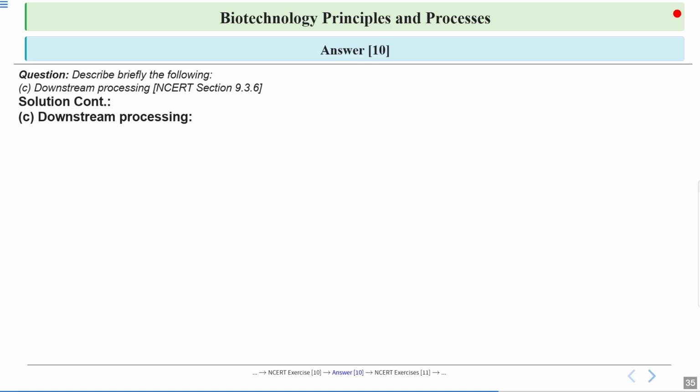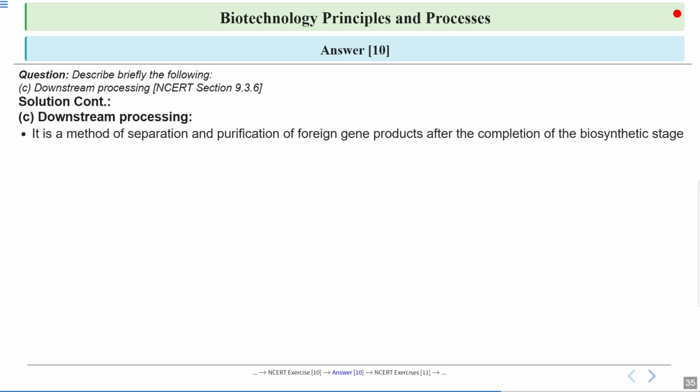Now, next is downstream processing. It is a method of separation and purification of the foreign gene products after the completion of the biosynthetic stage. After the biosynthetic stage, there may be some contamination present, right? So first of all, we do the separation. You take out all the products, and after that there is a purification of the foreign gene product. You should have only the product, not any other thing.